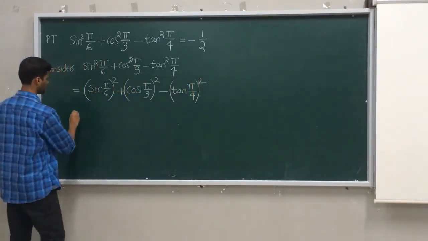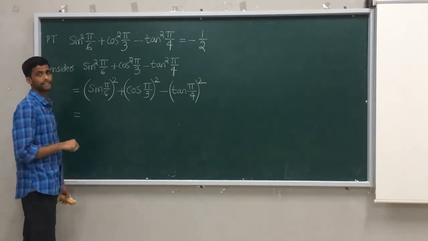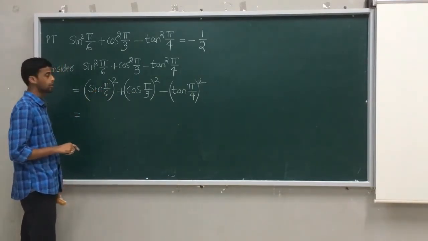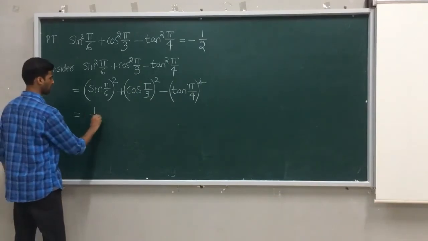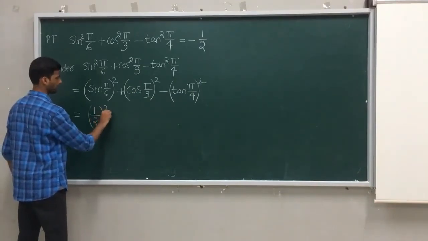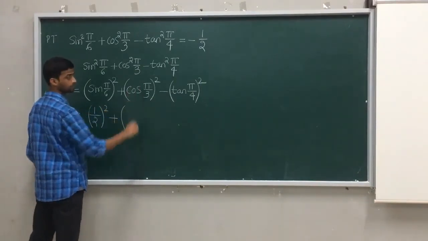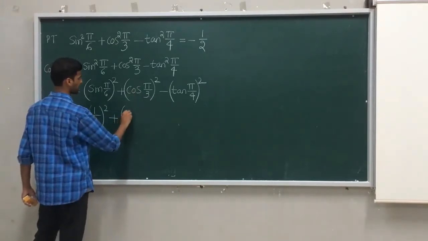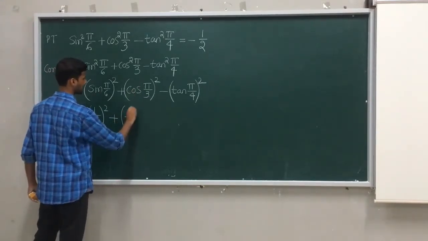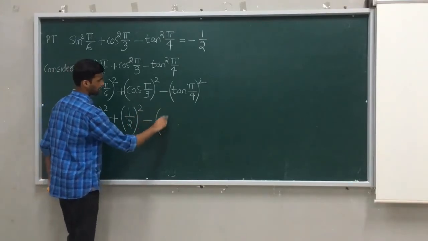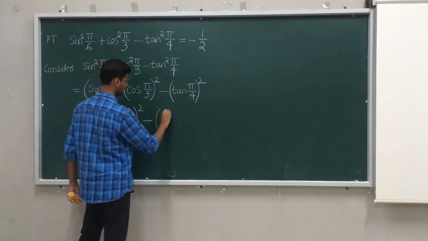Now we all know sin pi by 6, that is sin 30. Sin 30 is 1 by 2. It is 1 by 2 the square plus it is cos 60. Cos 60 is 1 by 2. Minus tan 45, 1 square.